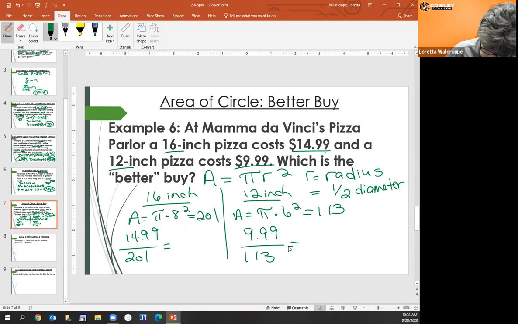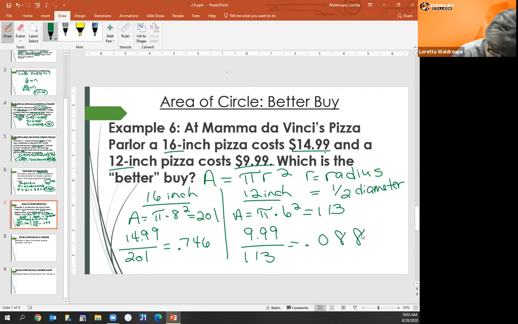So 14.99 divided by 201 gives us about 0.0746. That's how much a square inch of that pizza costs, okay? 9.99 divided by 113 is like, nope, I forgot the 0 on this, I think. Hang on. 0.088.